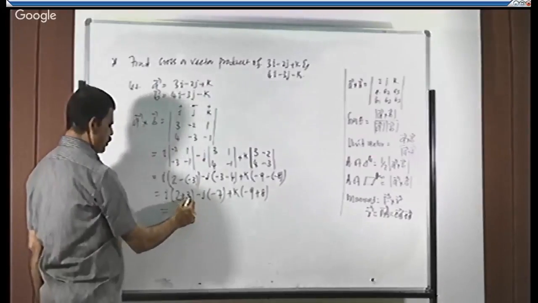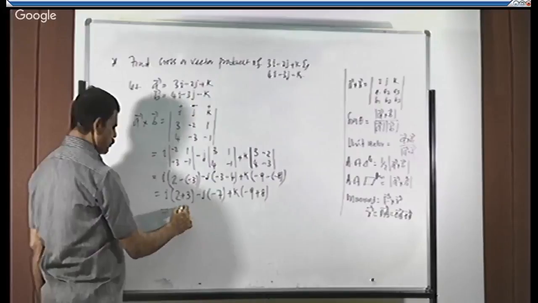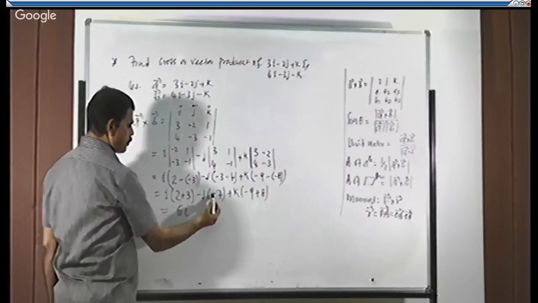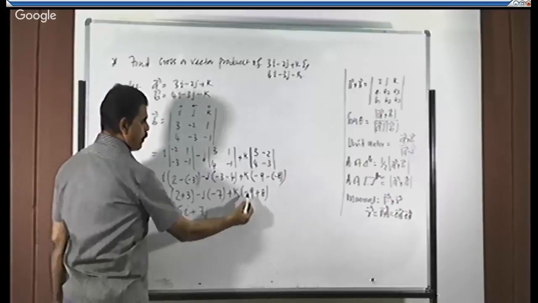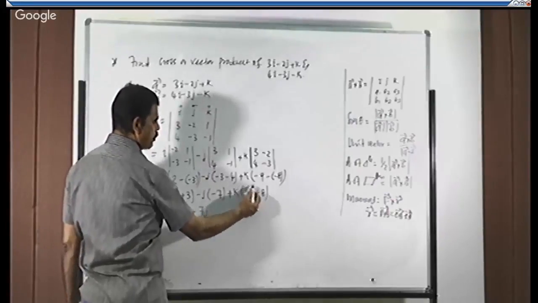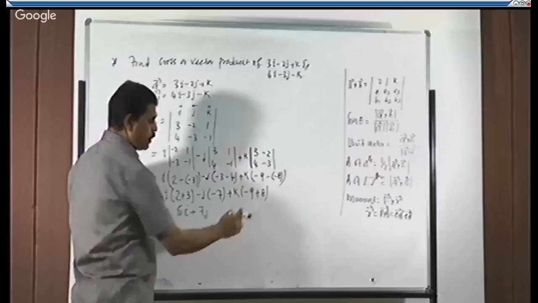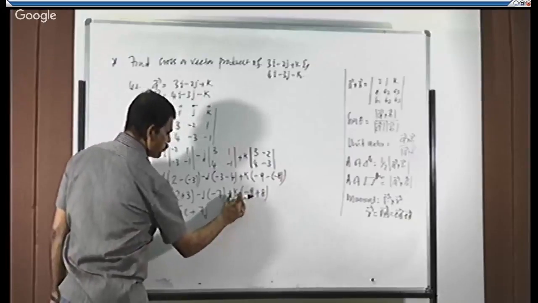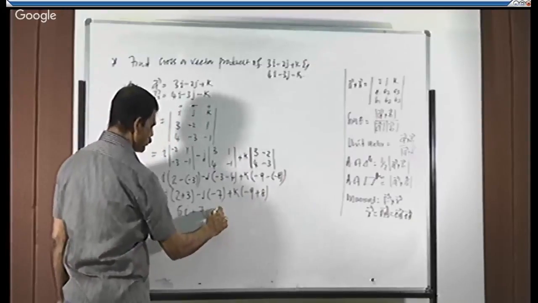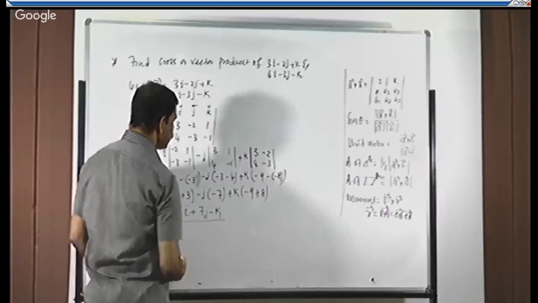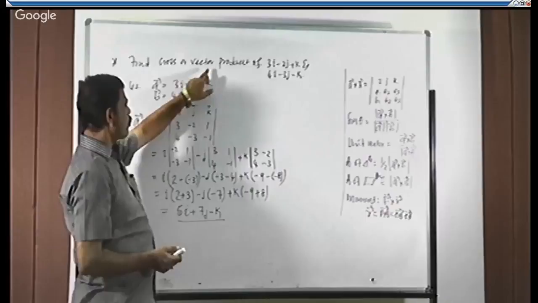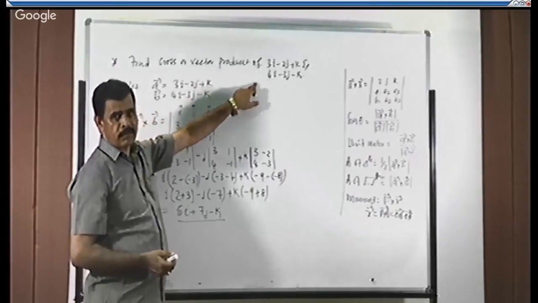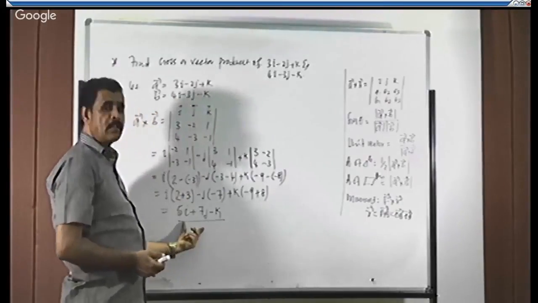Finally, 2 plus 3 is 5, so 5i. Minus into minus, plus 7j. Minus 9 plus 8 gives minus 1, multiplied with plus k, equal to minus k. This is the cross product, or vector product, of the given vectors. See, we are always getting another vector.